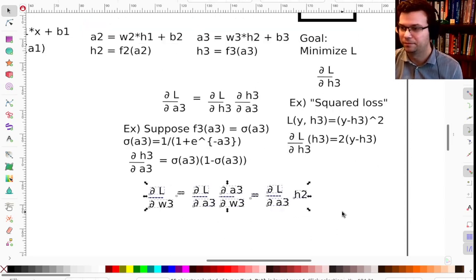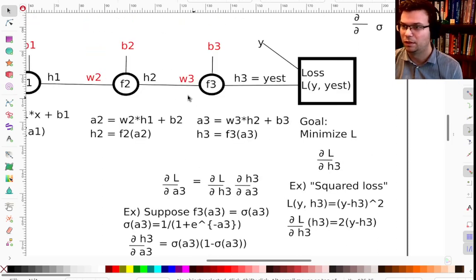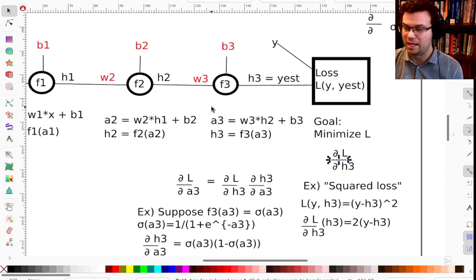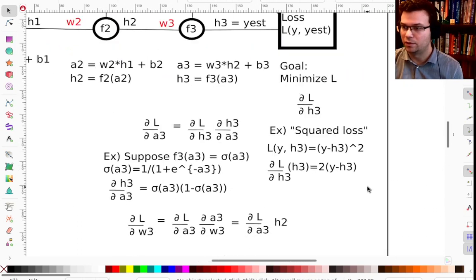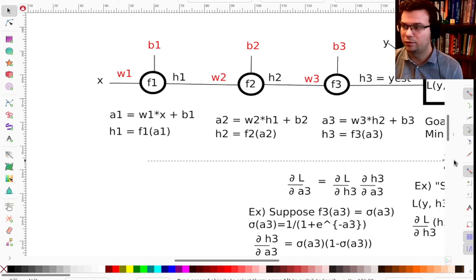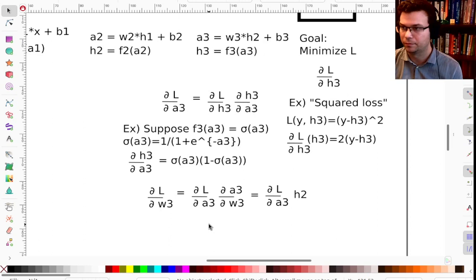All right? So that's the derivative of L with respect to W3. It's just the derivative of L with respect to A3 times H2, where H2 is the input. In order to do this, you would have had to do a forward pass through the network, where you compute and remember all these H's and all these A's. But then you can use them here and plug them in on the way back. So you do a forward pass, and now you start to do a backward pass where you compute these derivatives, and then you can use the intermediate results and plug them in.